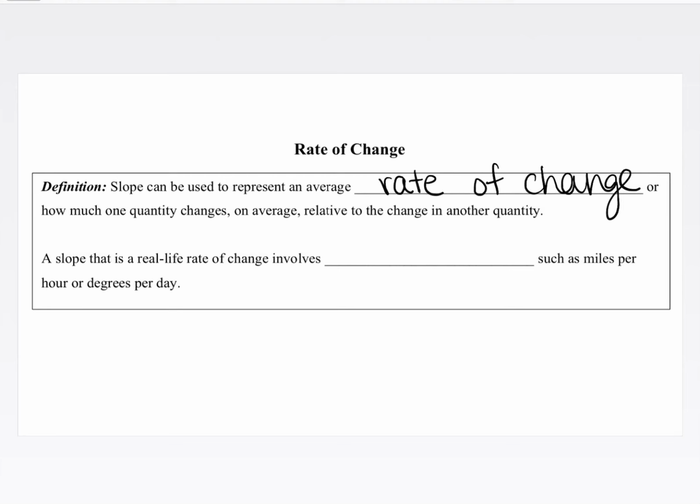A slope that is a real-life rate of change involves units of measure, such as miles per hour, degrees per day, etc.